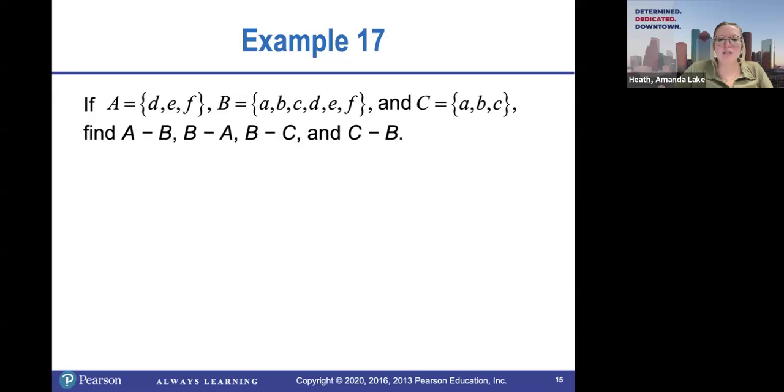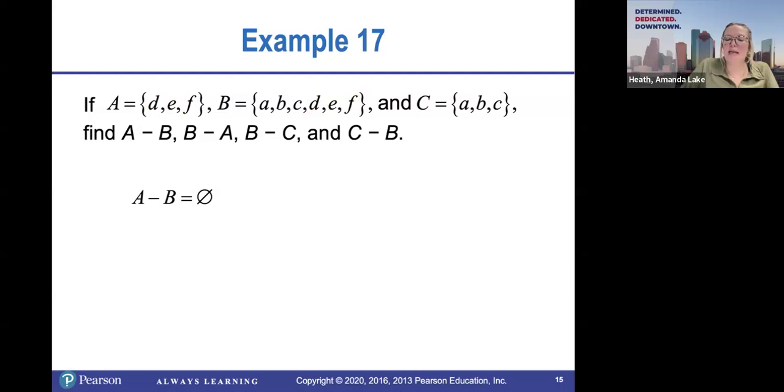All right, so if we take this example, A is D, E, F, B is A, B, C, D, E, F, and C is just A, B, C, we might think about these set differences. So the difference of A and B, if we take the set A and we take away the elements that are in B, we're actually going to be left with nothing because we would remove D, E, and F from A and be left with the empty set.